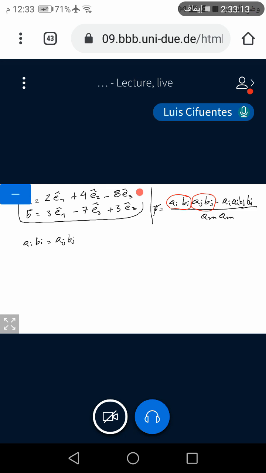Taking into account these vectors here, what we have is just 2 times 3 minus 4 times 7 minus 8 times 3, yeah? And this is minus 46.